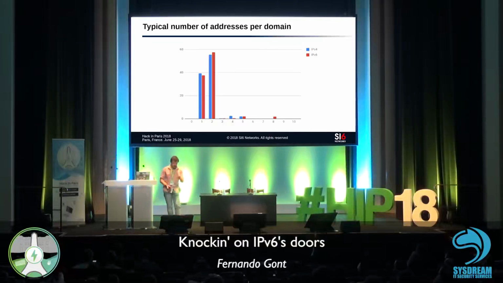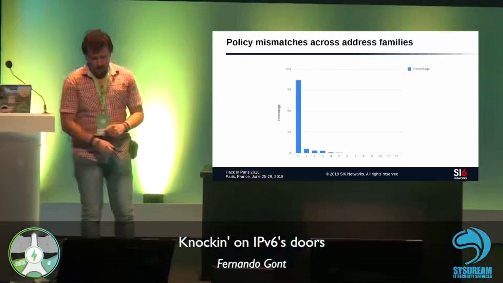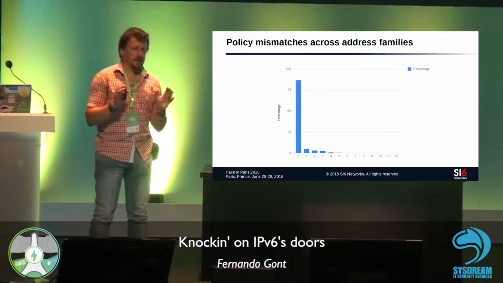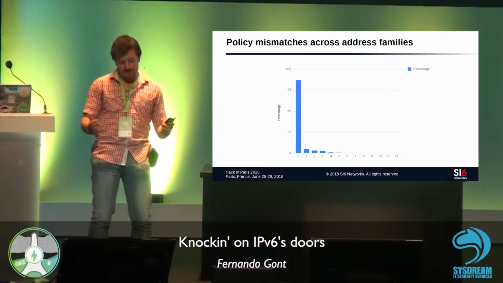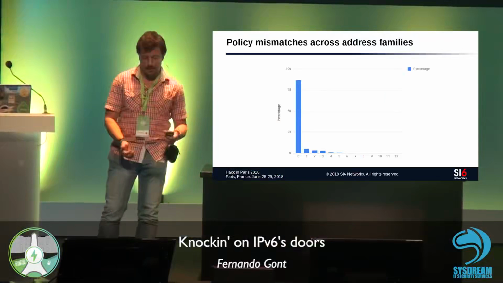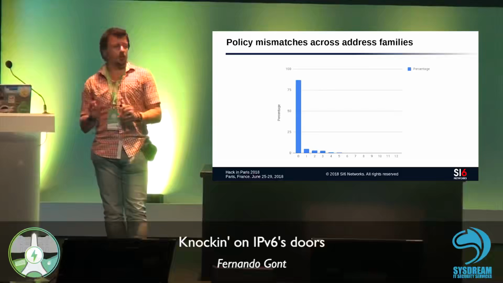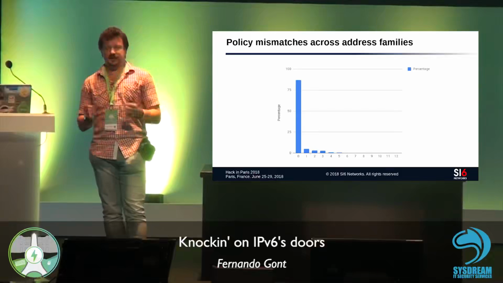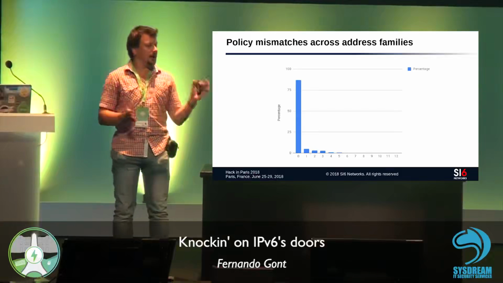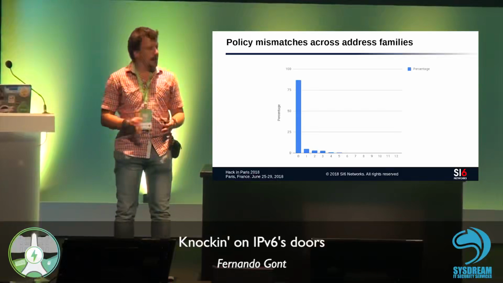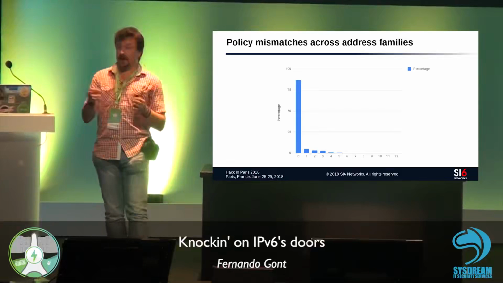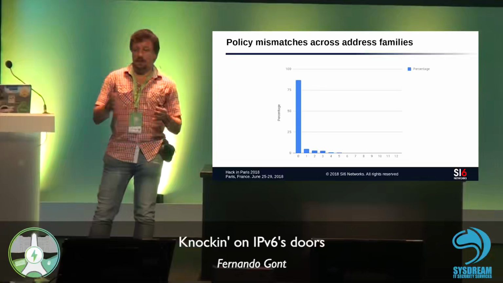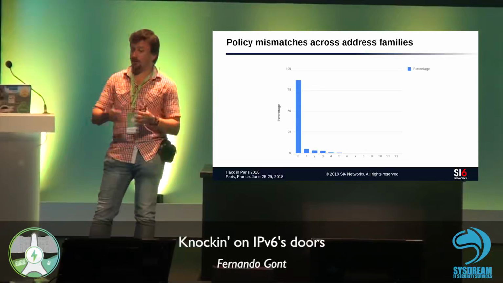Also, another thing that we did, let's go to the next one and then I do the explanation. Policy, so this is essentially the first big result that we wanted to obtain. What we are showing on this slide is mismatches between IPv4 and IPv6, and the numbers on the x-axis are the number of differences, in terms of ports.